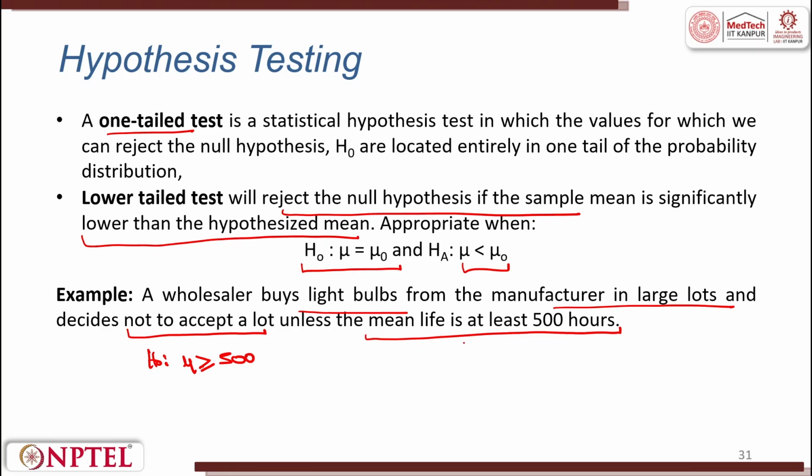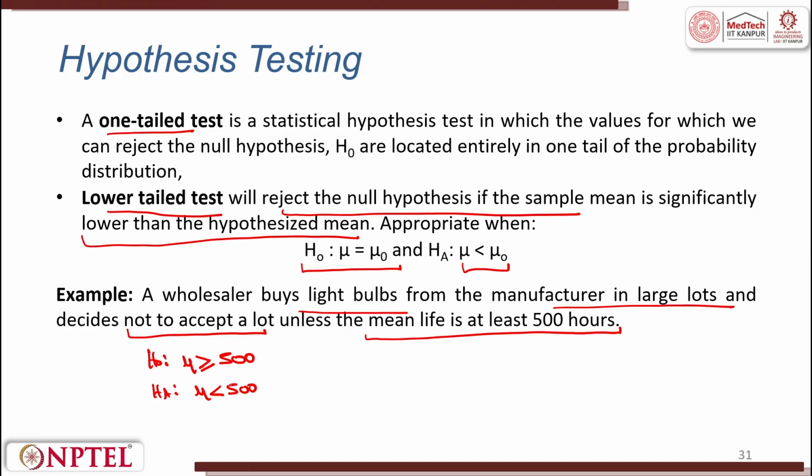Because my focus is upon the lower tail test here, alternative hypothesis has to be lower tail, that mu is less than 500. This is the alternative hypothesis.